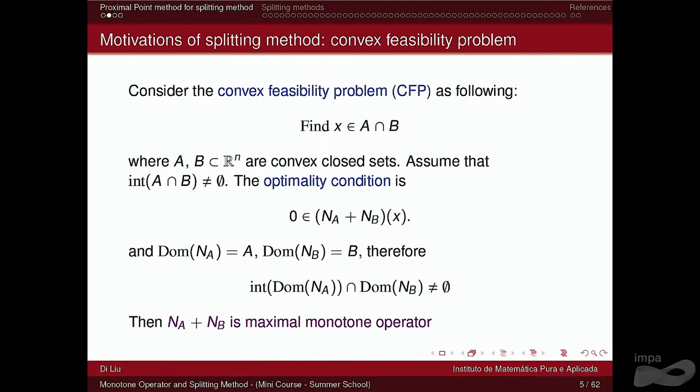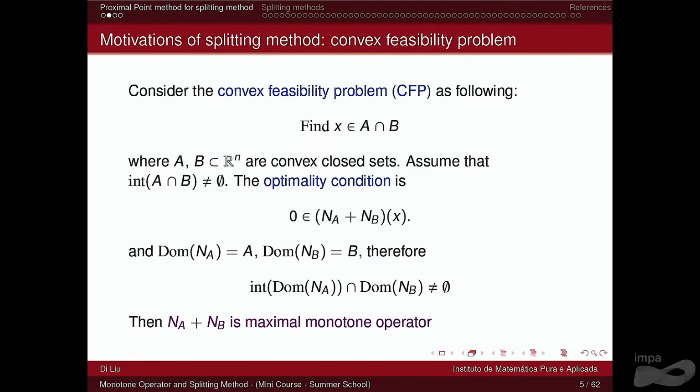We assume the interior of the intersection is non-empty, which guarantees that the sum of the normal cone operators is maximal monotone. Actually, we have discussed before that the normal cone operators N_A or N_B are maximal monotone if A and B are closed and convex. This we have discussed before.